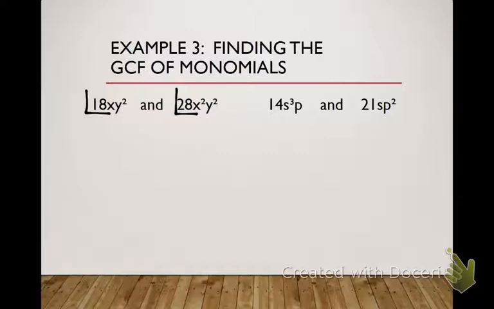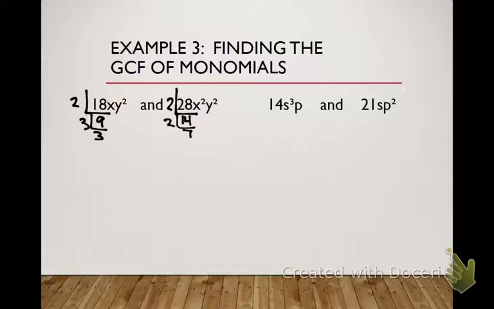So go ahead and do the prime factorization of 18 and 28. Go ahead and write it how you see it written up here on the screen. All right, 2, 3, and 3, 2, 14, 2, and 7.